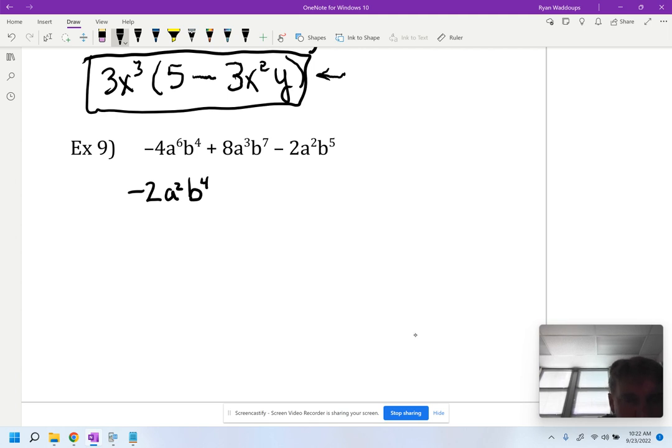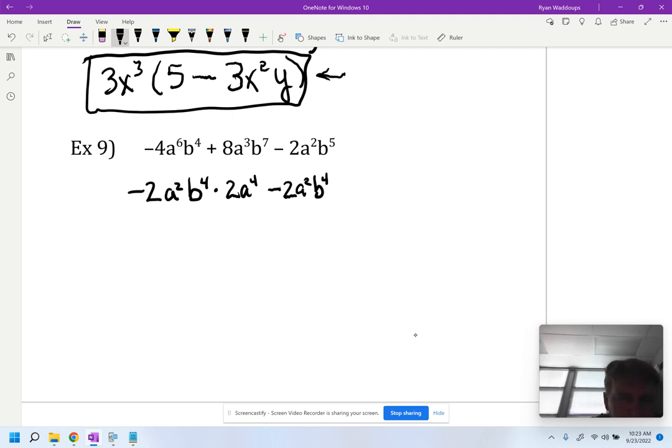And then I'm going to use that to write each one of these expressions, so I know what I have to multiply to get them. So negative 2a squared b to the 4th times 2 would give me negative 4, and a to the 4th would give me a to the 6th. And that's it, because I already have the b to the 4th in the common factor. So then I'm going to put minus 2a squared b to the 4th, again for the second one.